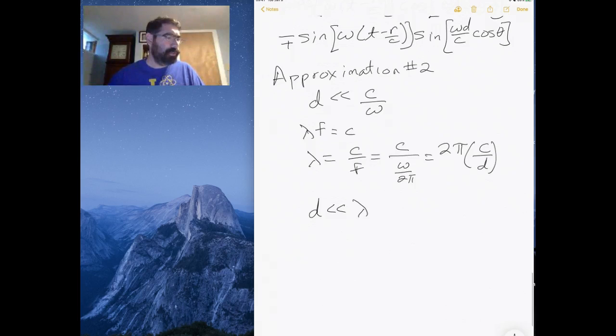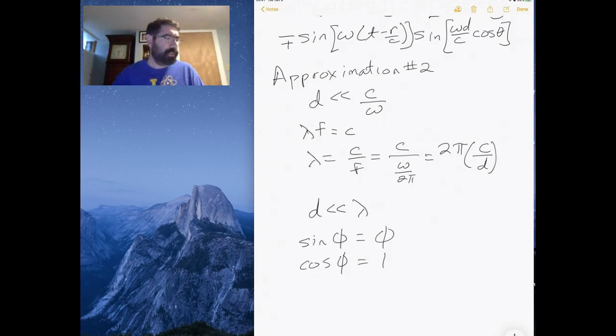If that is true, then we use small angle approximations, which say that the sine of phi is approximately phi, and the cosine of phi is approximately 1.